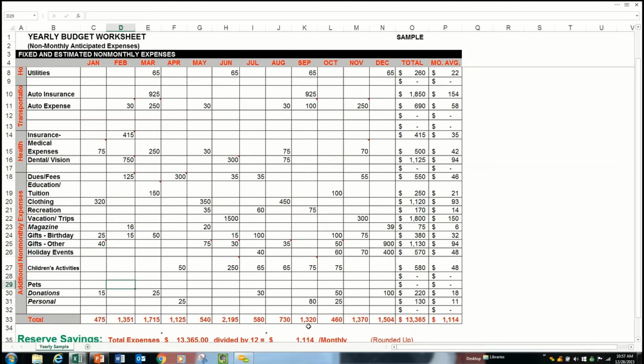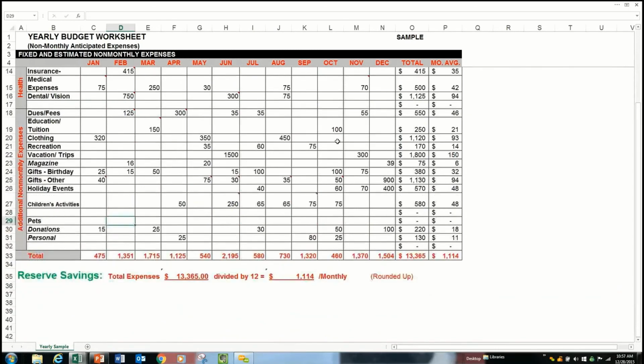But in September, you're at 1,300, November, you're at 13, December, you're at 1,500. And you can see clearly when you're going to have more expensive months coming up, so that you can start to think proactively in terms of how will I prepare for those expensive months. And then the other way to look at it is a whole grand total.